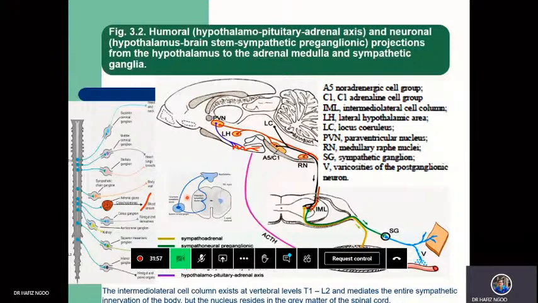Okay, so this is the spinal cord, and the intermedullary lateral cell column is on the lateral side here. It's shaded blue, which has sympathetic outflow going to the cervical ganglions. But one of the sympathetic neurons goes directly and innervates the medulla.